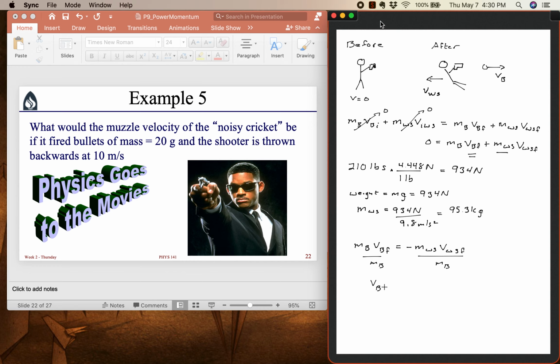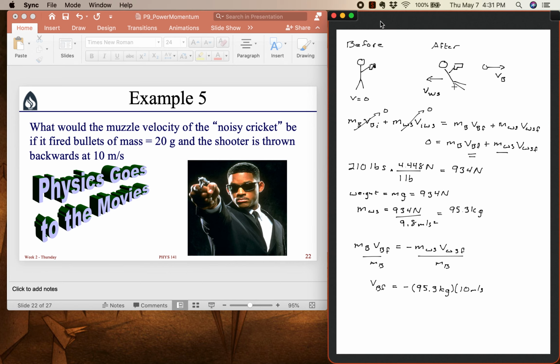So plugging in numbers, the final velocity of the bullet is going to be equal to minus Will Smith's mass, which we found to be 95.3 kilograms. And his final velocity after firing the gun was 10 meters per second.